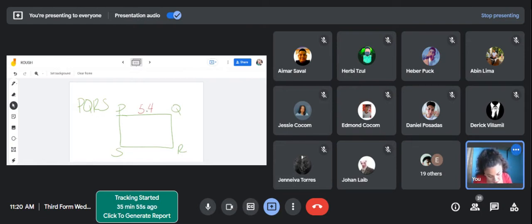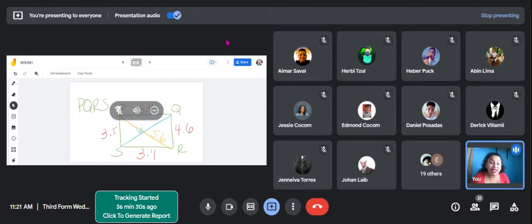SQ, look very carefully, SQ is 6. QR is 4.6. RS is 3.4. SP is 3.5. And the diagonal PR is 5.6. That is what the question is giving me.